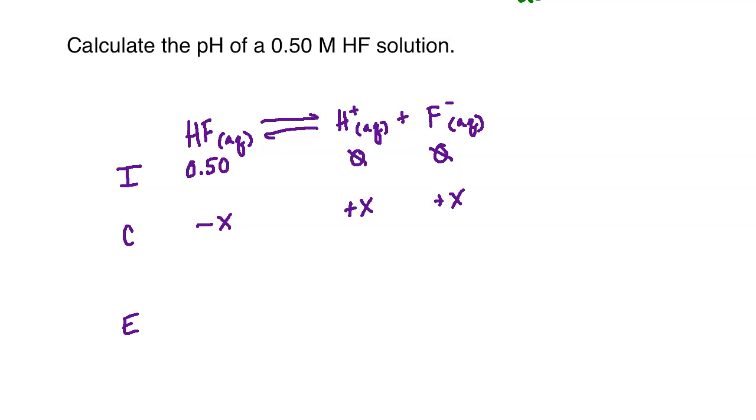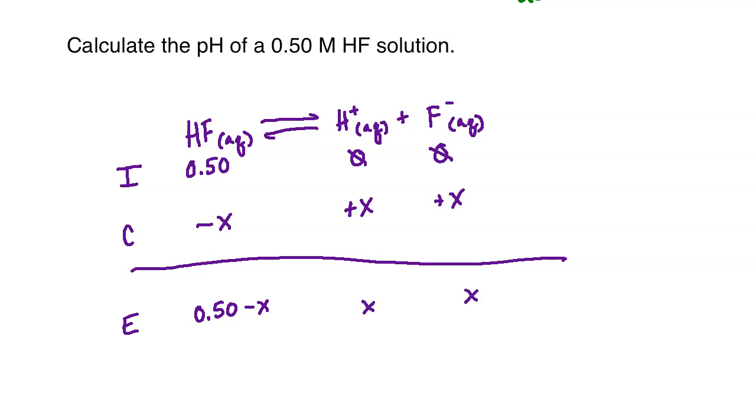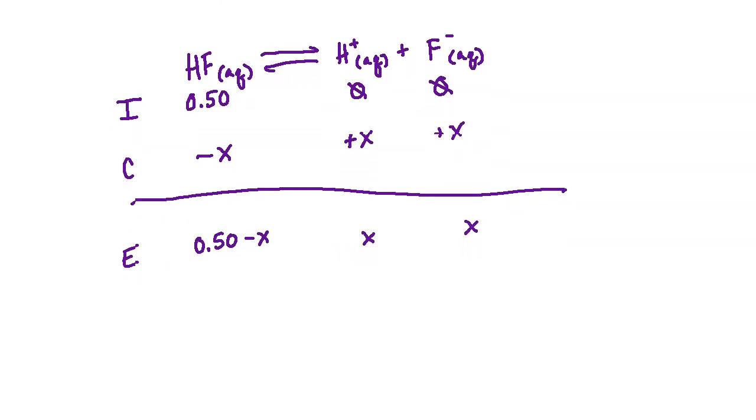So when I put those together, they're going to be one of each for each HF molecule that dissociates. So then, just like a math equation, I take a look at what would happen. So I give it time, and then when it establishes itself at equilibrium, I'm going to say this is 0.5 minus X, and then this is going to be X, and this is going to be X right here.